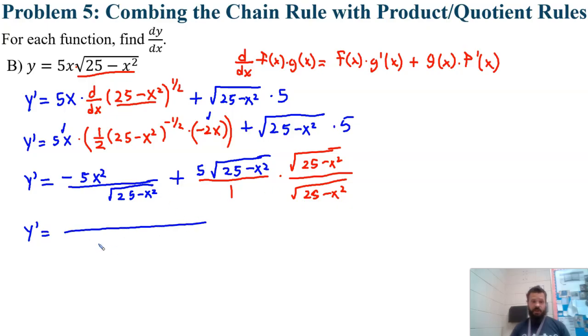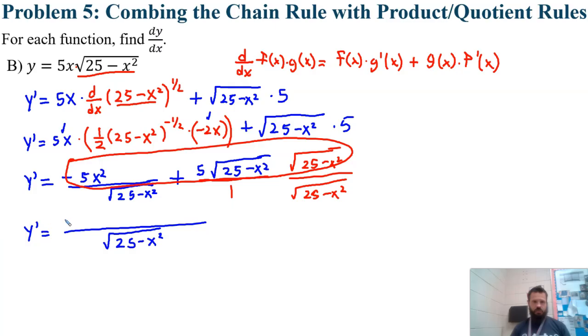That's going to give us our common denominator. And then from here I'll just combine everything in the numerator. So we've got that minus 5x squared, and then we have plus 5 times, remember, when I take a square root of something and multiply it by itself, that's essentially squaring. That's going to cancel out your square root. So we can say parenthesis 25 minus x squared.